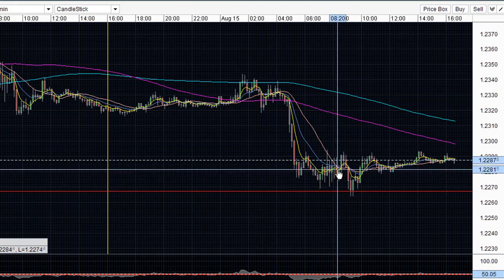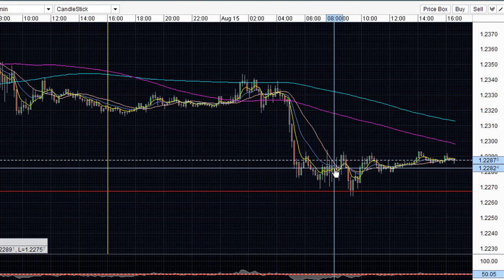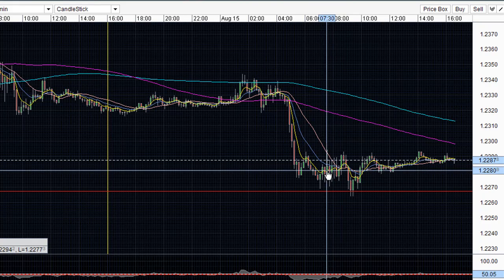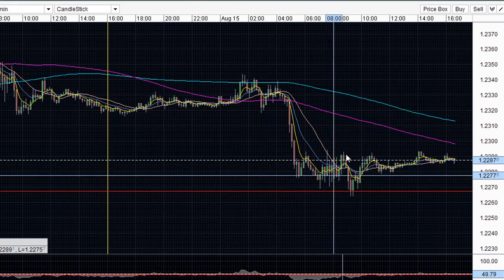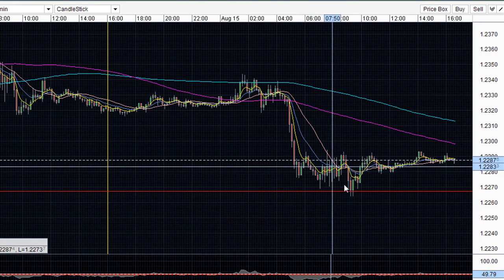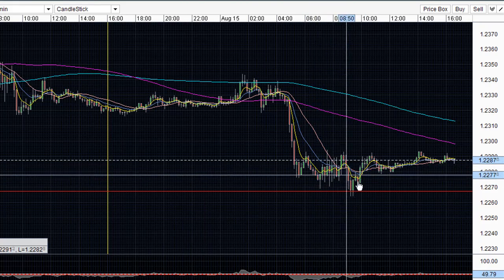But it probably would have been better to just stay out altogether, since there was a lot of erratic price behavior and uncertainty at that time due to some of the U.S. economic numbers that had come out prior to this price action. So of course we could see that it was pretty choppy during this time.